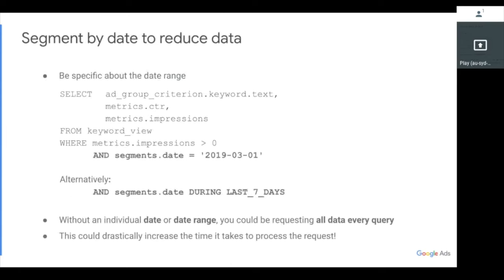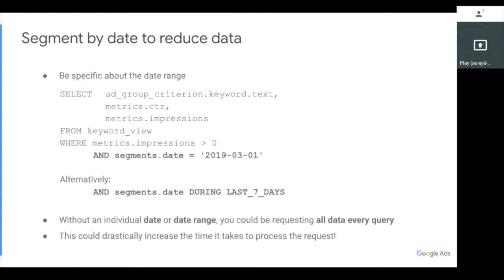Apart from using the paging request, in order to reduce the size of a request you can also use segmentation by date, in order to reduce the overall number of returned responses and also the size of the responses. To use the segmentation by date, you can do so by using the WHERE clause like this, specifying the filtering condition by using a specific date or a date range.